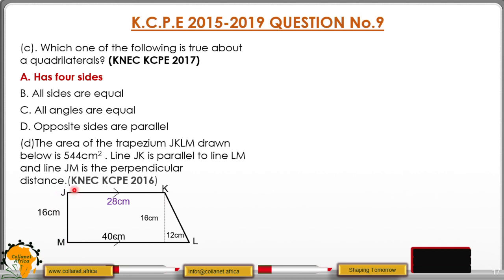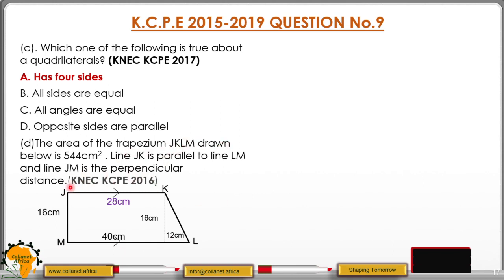So it will be J, K, L, M, not J, K, and then you come here to L, that will give you a wrong answer. So you follow in the alphabetical order.